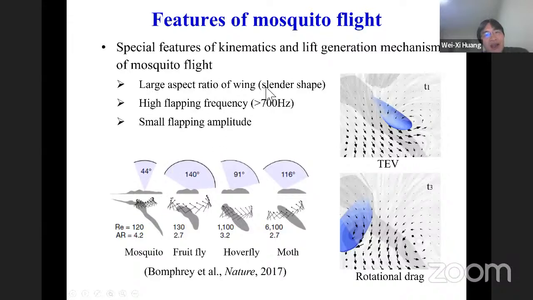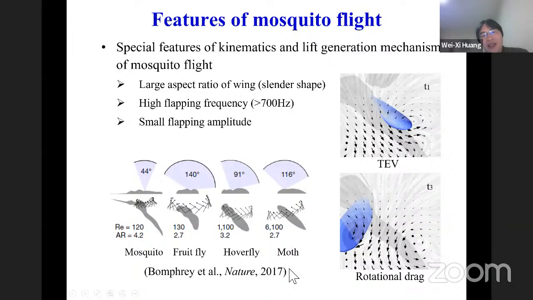It shows that there are several special features of mosquito flight. It has a slender wing with a large aspect ratio, and also a high flapping frequency and a small flapping amplitude. The buzzing sound is generated by this high frequency flapping.